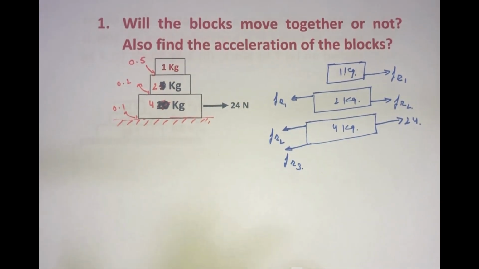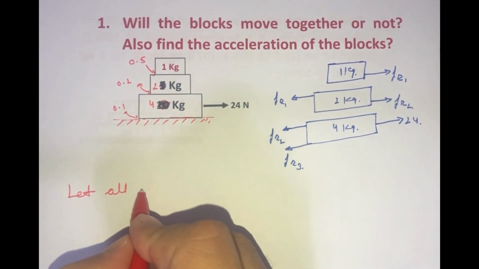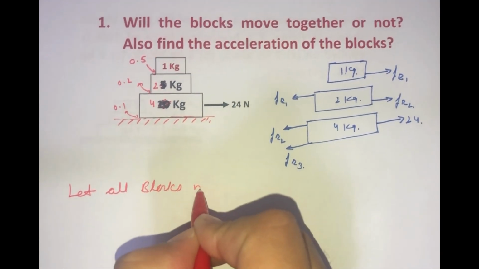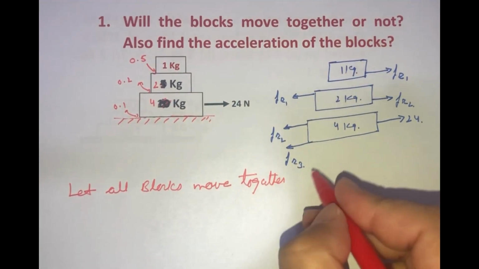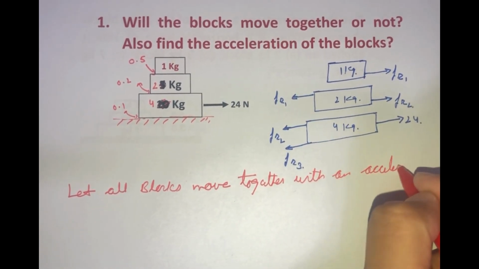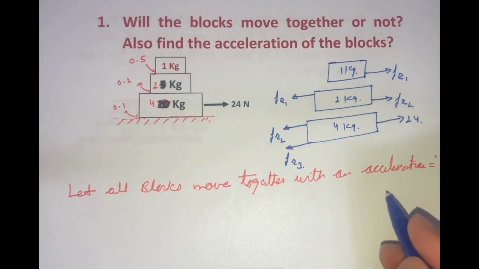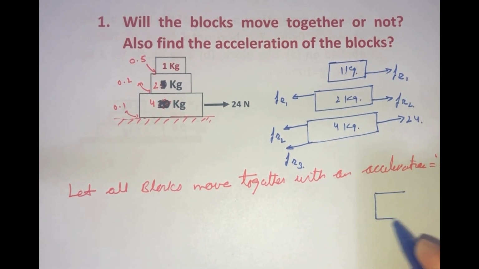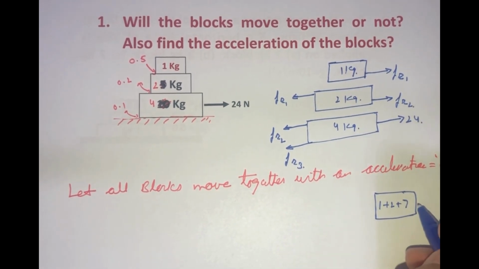So we say that let all blocks move together with an acceleration which is given as A. So we can draw a single block whose weight will be 1 plus 2 plus 4, that is 7, and the force acting on it is 24.